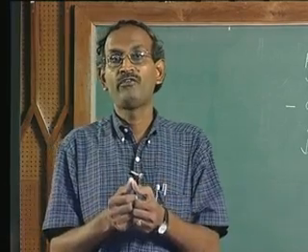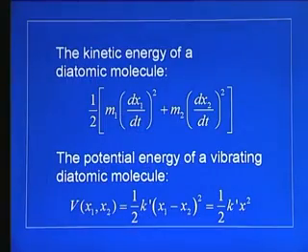So the potential energy depends on what is called the relative displacement x for the diatomic molecule, and it is exactly the same form as that of the harmonic oscillator, with of course a different constant k prime characteristic of that molecule. The potential energy is only a function of the relative displacement of the two atoms.